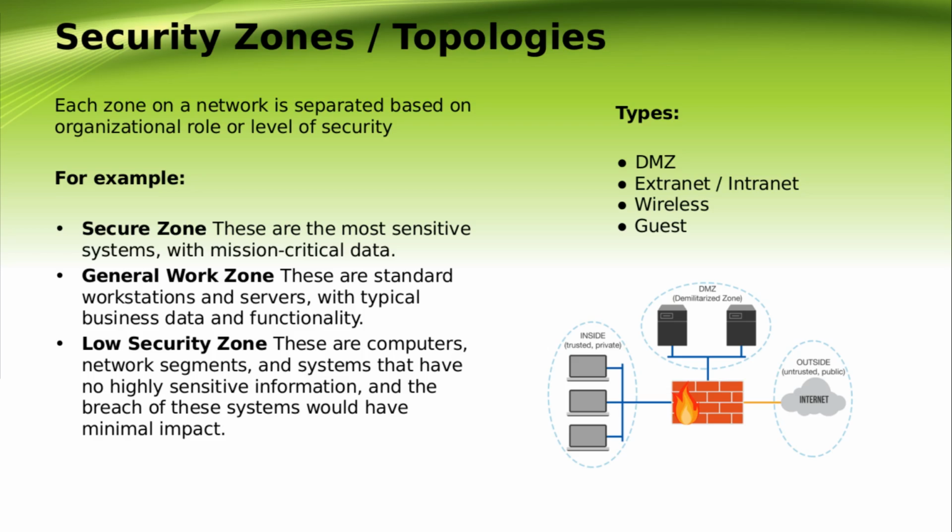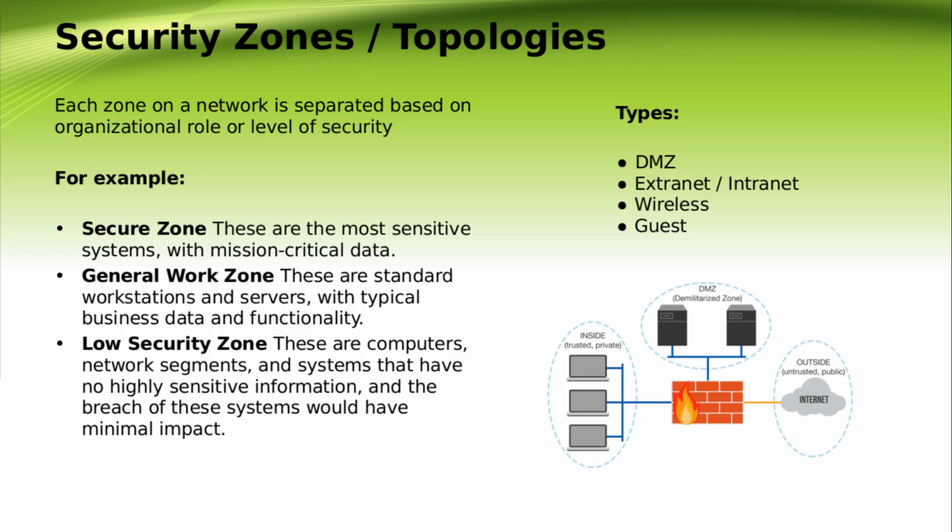Another term for network zone is network topology. There are many types of network zones we will see in this video. The secure zone: these are the most sensitive systems with mission critical data. The general work zone: these are the standard workstations and servers with typical business data and functionality.